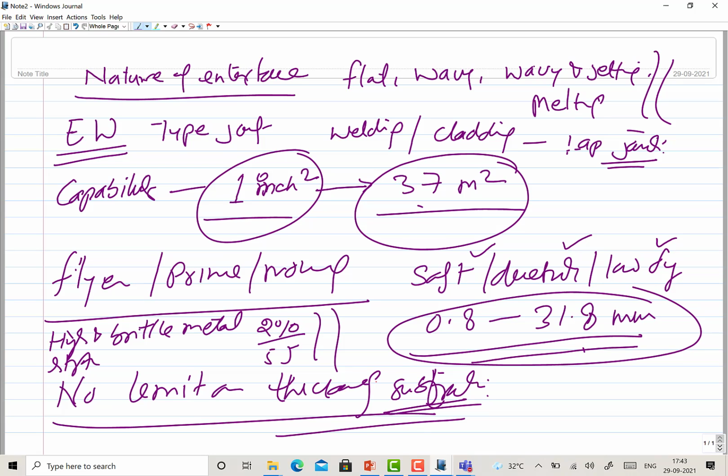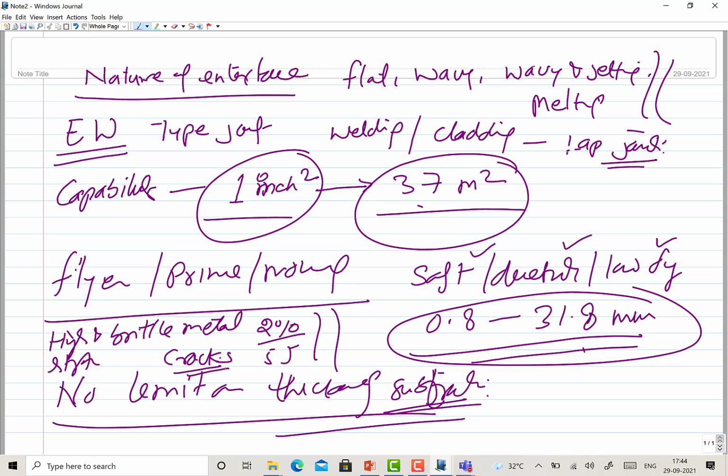So the point here is, if the flyer or prime component is not soft, not ductile, not of low strength, and has low toughness, then under the impact of the explosive, the flyer itself can get cracked. So if cracking of the flyer is taking place, then your surface will be defective or it will have a lot of cracks.